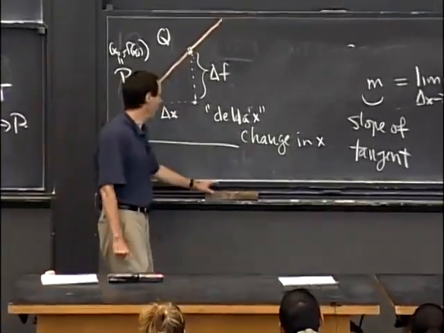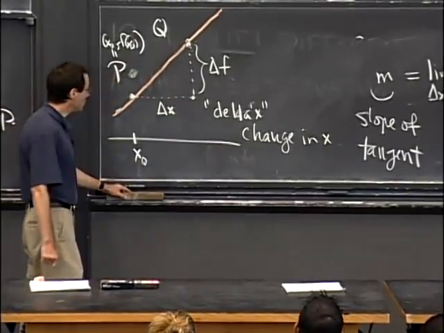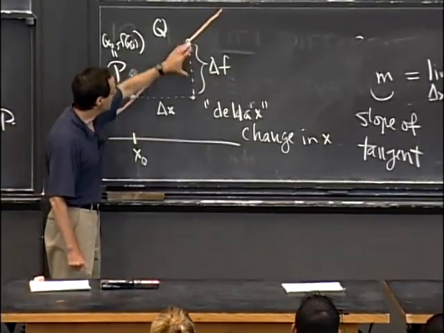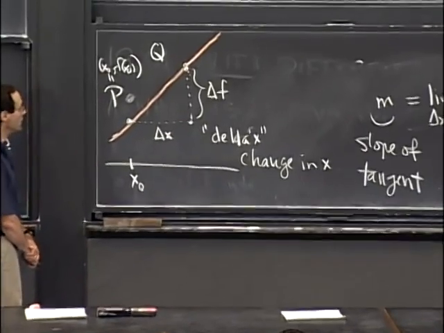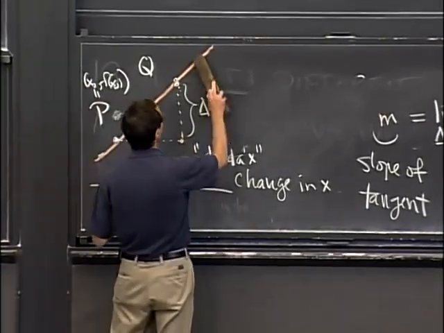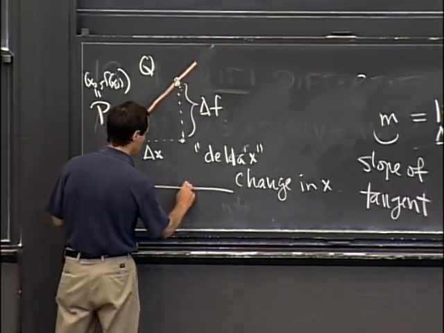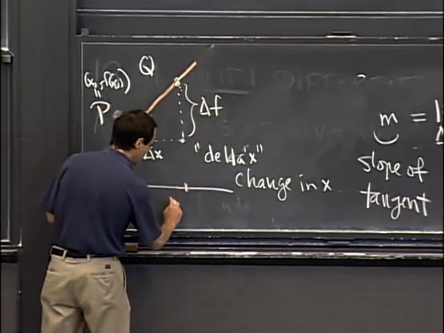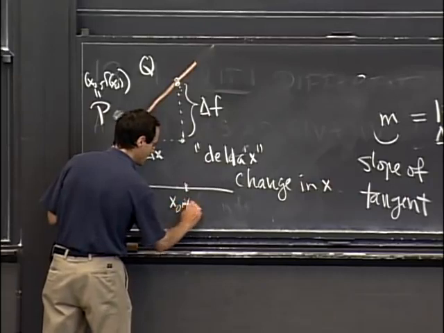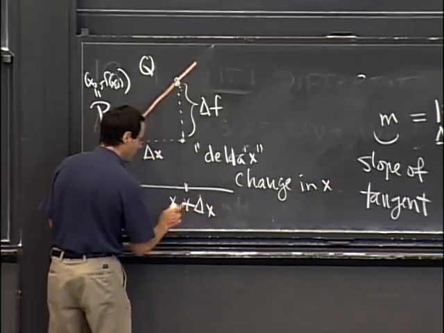And in order to compute these distances, and in particular the vertical distance here, I'm going to have to get a formula for Q as well. So if this horizontal distance is delta x, then this location is x0 plus delta x.